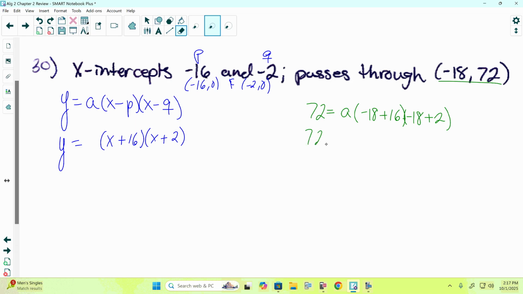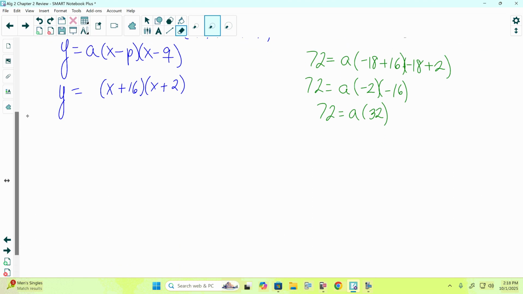Now the first thing we're going to simplify is what's inside the parentheses. Negative 18 plus 16 is going to be negative 2. Negative 18 plus 2 is negative 16. Negative 2 times negative 16 is 32. And 32 times a, or a times 32, is 32a.